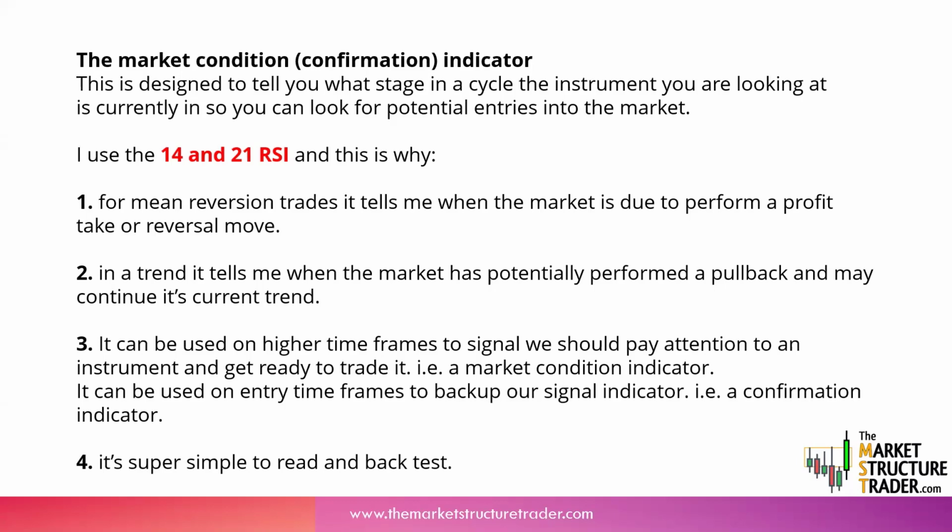In a trend, it tells me when the market has potentially performed a pullback and may be ready to continue in its current trend. If you pair this with the indicators we just looked at, that may give you some ideas on how you could use these two together to enter into trend trades.